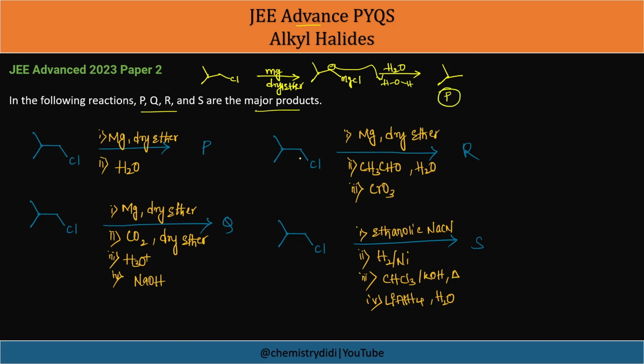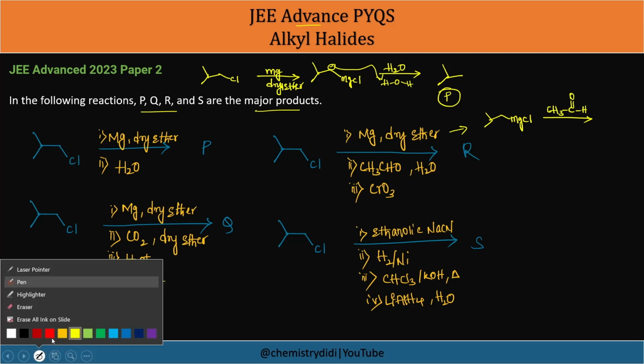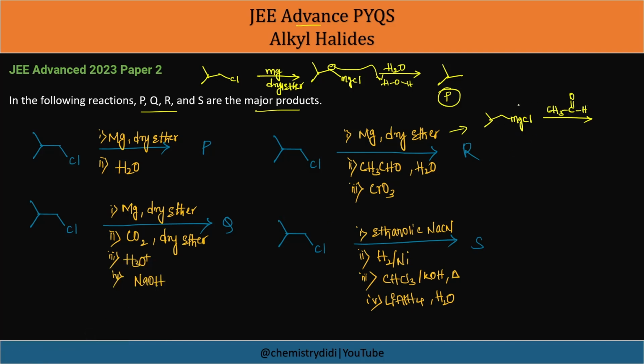Next, let's try to solve this conversion. Here again it will get converted to a Grignard reagent, MgCl, and in the second reagent they have given an aldehyde. The Grignard reagent acts like a nucleophile and attacks the carbonyl carbon, and the bond shifts towards oxygen.